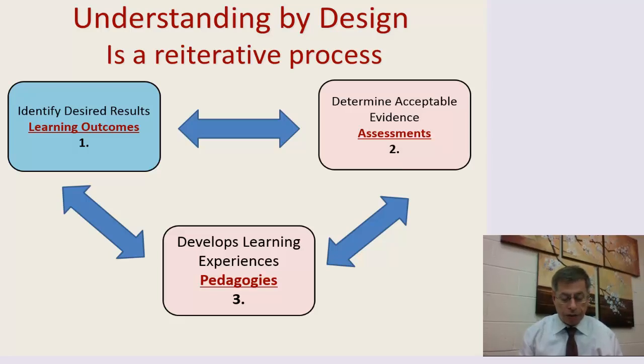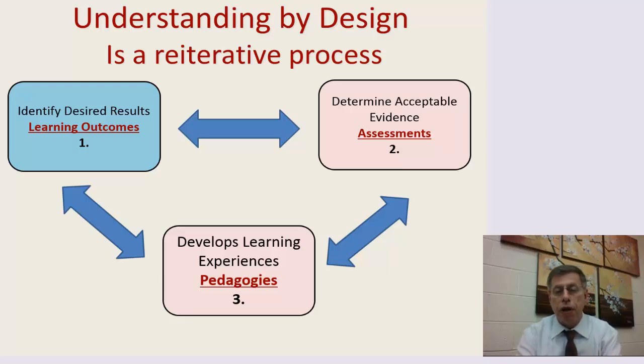Understanding by design starts by determining and identifying the desired results from the learning. What's the desired result for your class? Once we've determined the learning outcomes or the desired results, what type of evidence do we expect to acquire to show whether or not the outcomes have been obtained?